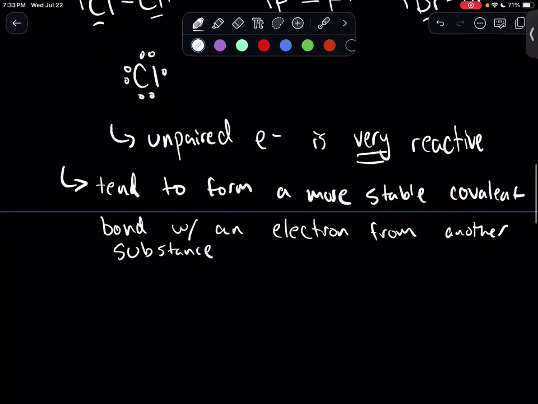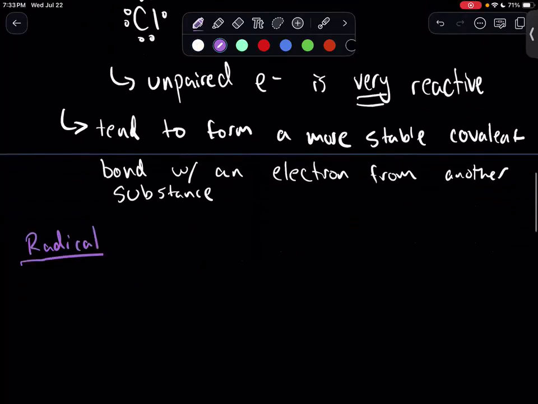So what do these radicals look like? How do we represent them? Well, to represent a radical, it's very simple. We literally just represent the unpaired electron. There's a chlorine radical with an unpaired electron, OH with an unpaired electron. We could do an O2 minus with an unpaired electron, CH3.